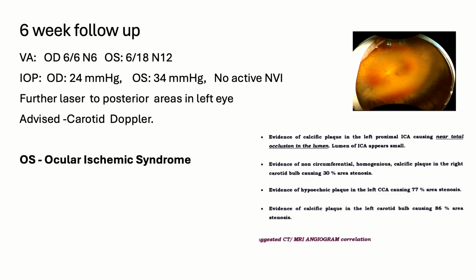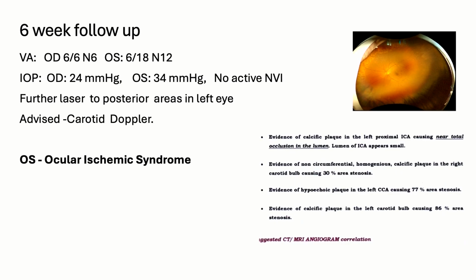By 6 weeks follow up, the vision dropped a little further and the pressures were still high in spite of AGM. Here we started having the suspicion that we might be dealing with an ocular ischemic syndrome, because one eye is completely behaving differently.